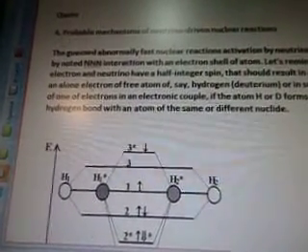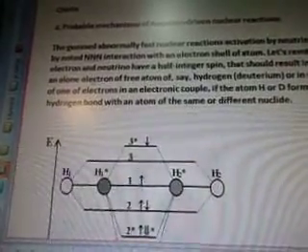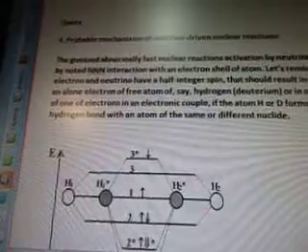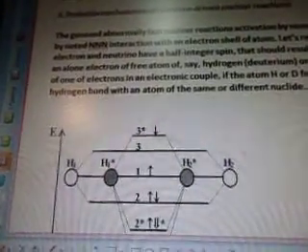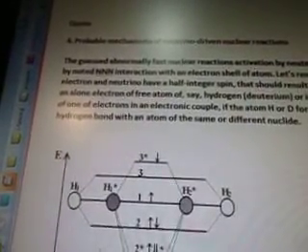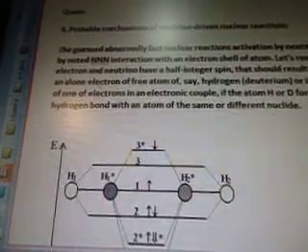The guessed abnormally fast nuclear reactions activated by neutrino is caused by noted N-N-N interaction with an electron shell of an atom. Let's remind that both electron and neutrino have a high half-integer spin that should result in coupling of an alone electron of free atom of, say, hydrogen and deuterium.